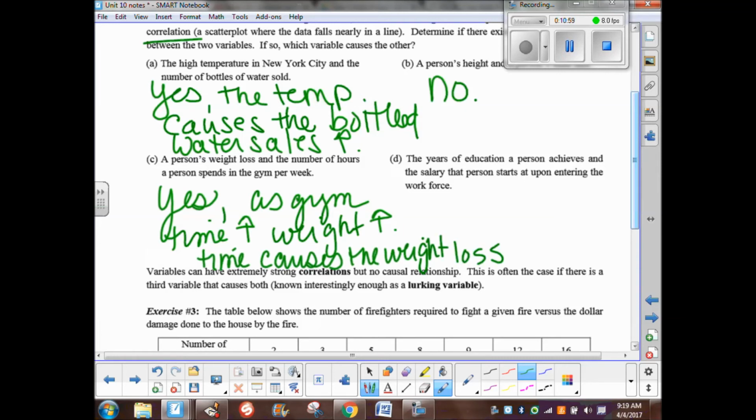Last one, the years of education a person achieves and the salary that a person starts at upon entering the workforce. Does one cause the other to happen? The number of years you spend in college, does that cause your salary to increase? Yes, it absolutely does.